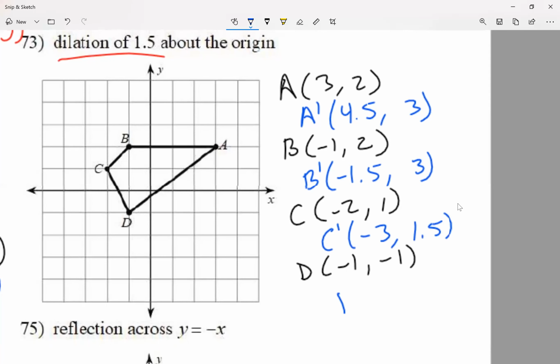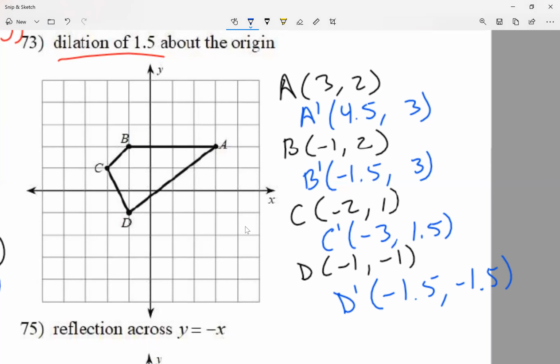And lastly, D prime is going to give me -1.5 and -1.5. Notice I'm using decimals. If you plot these points in the image, it should look like the image got slightly bigger.